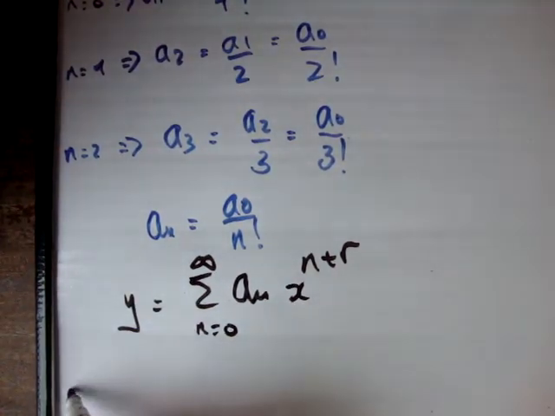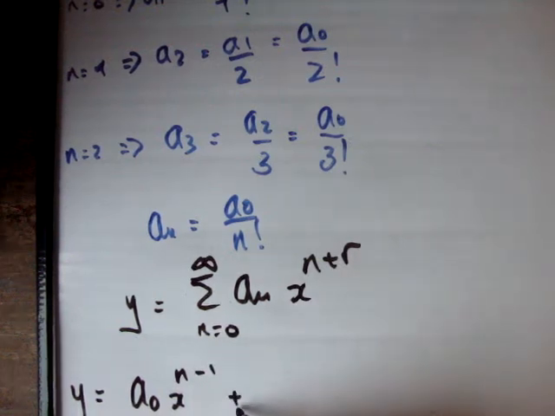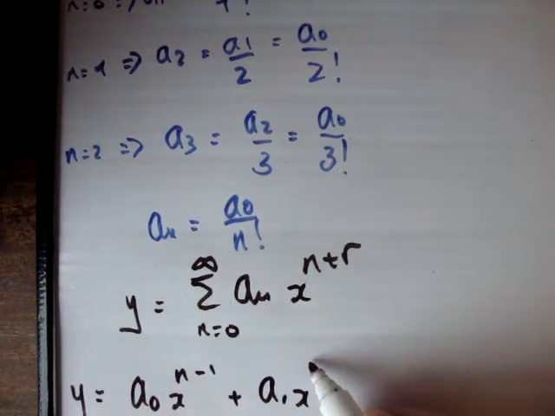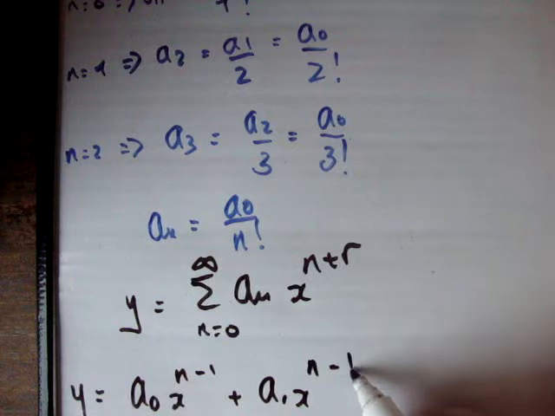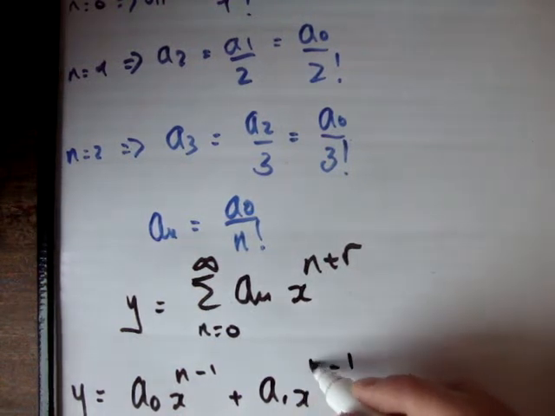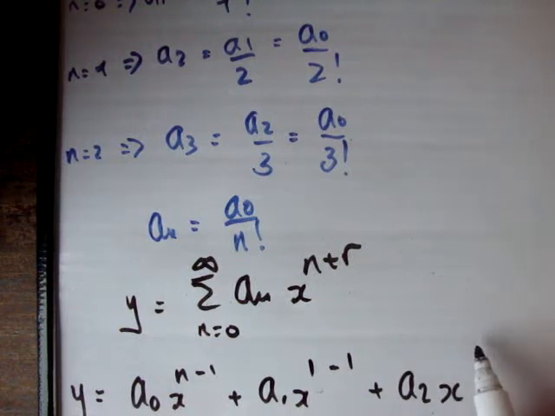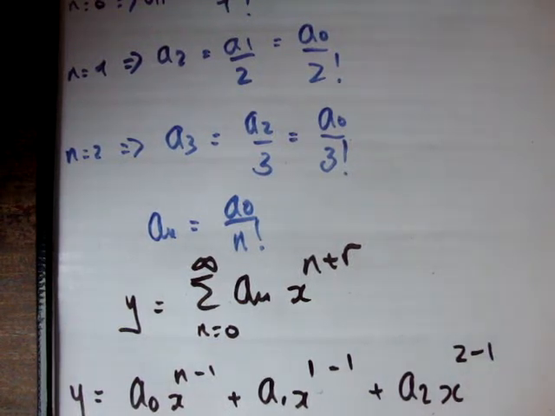So, for example, y is equal to a0 x to the 0 minus 1, since r in this case is -1, plus a1 x to the 1 minus 1, plus a2 x to the 2 minus 1, and so on. And we know our value of a_n as a result of that.